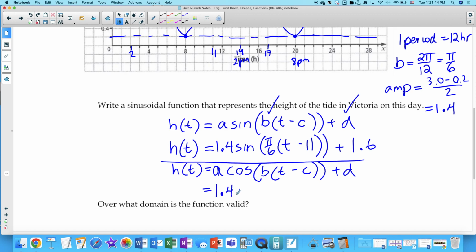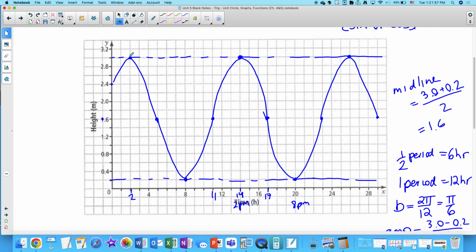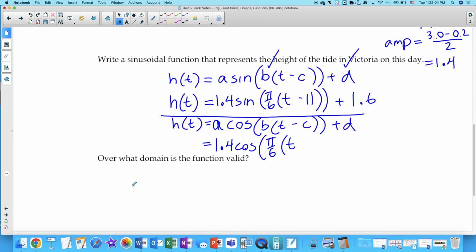The phase shift now is 2 units to the right because the top is at 2 a.m. So this is going to be t minus 2 and then plus 1.6. Okay. All right. What about the domain? Yes. Time is greater than or equal to 0.